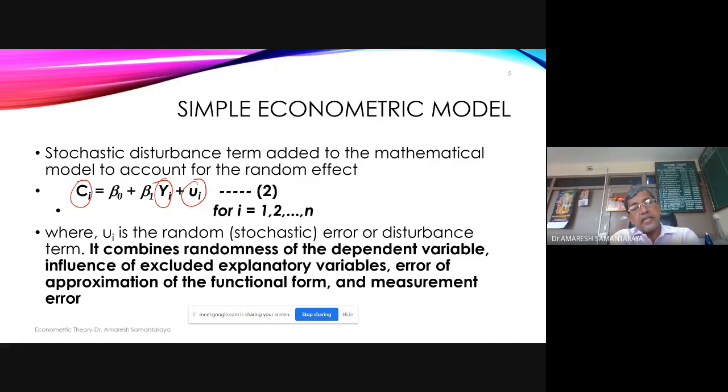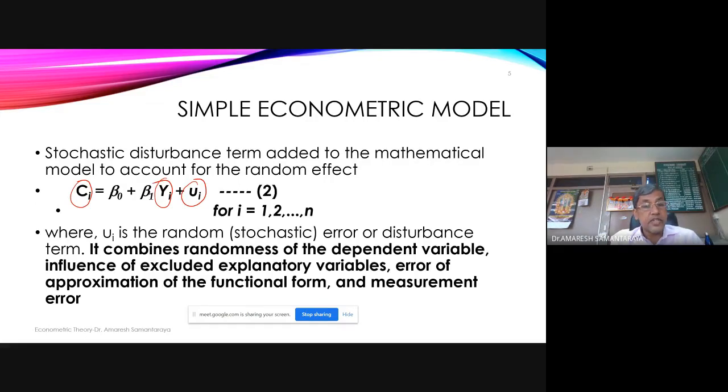Then thirdly, there could be measurement errors in yi and ci. When we are collecting data on consumption expenditure, there could be many measurement errors, which you might have discussed in statistics. There could be measurement error due to conceptual issues also. Say this relation actually is valid for permanent consumption and permanent income, but instead, if we are using current income and current consumption to estimate this relation, then of course we are committing a mistake.